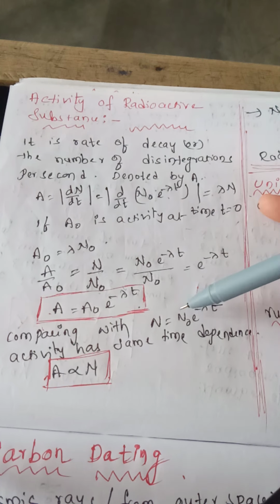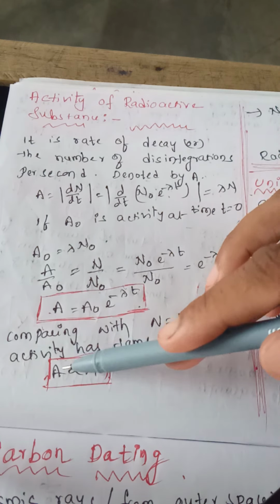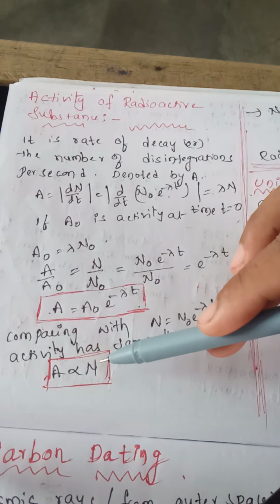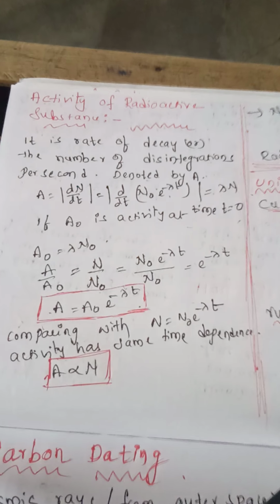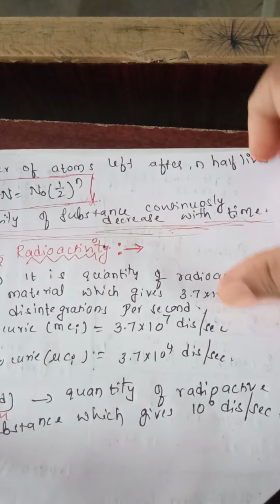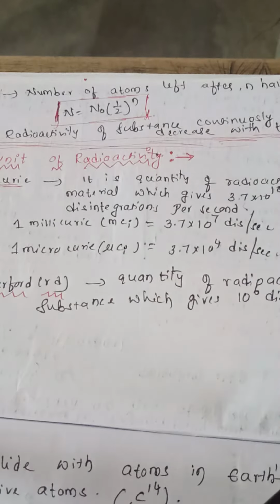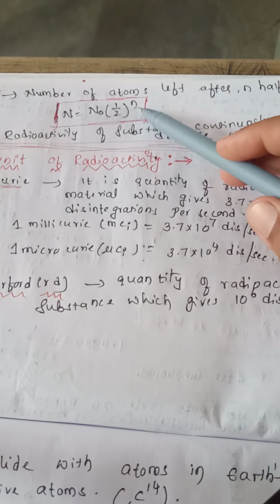Comparing this with N equal to N naught e to the power of minus lambda t, it shows that activity, like N, is time dependent. So activity is directly proportional to the number of atoms present. Now, if n half-life periods have passed, then N is written as N naught times 1 by 2 whole to the power of n.